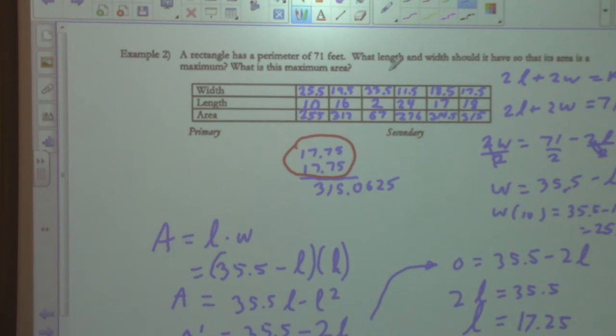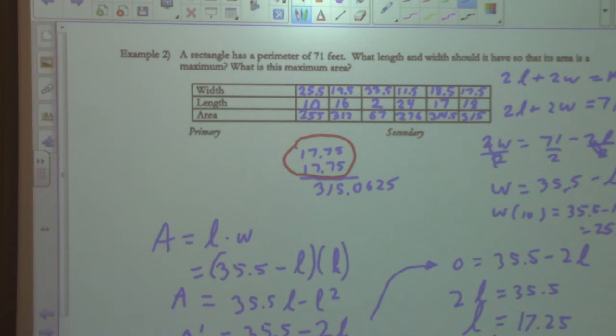Then you can find W from 2L plus 2W equals 71.